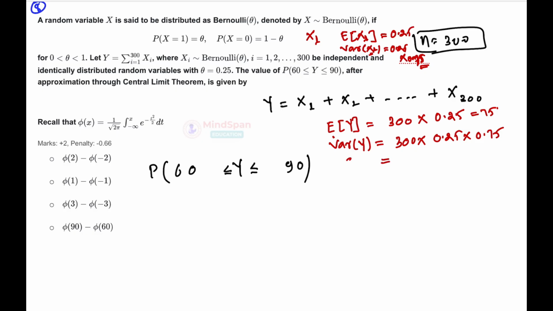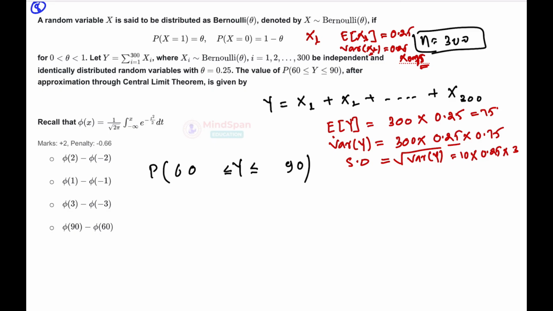Anyhow, we will have to find the standard deviation. So what is the standard deviation? The standard deviation is the square root of the variance. So what will be the square root of this? We have 0.25 times 3, and 10 times 0.25 times 3.